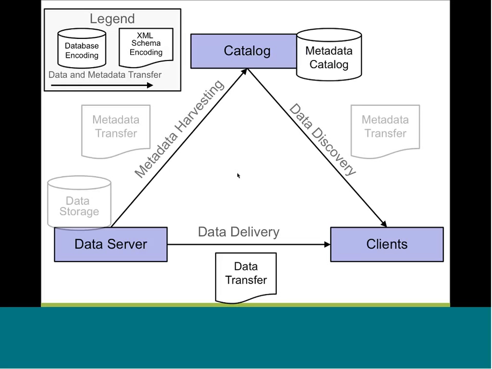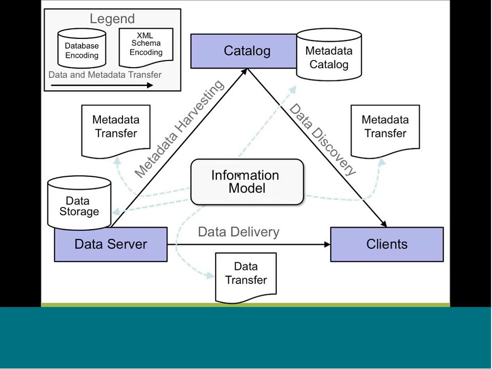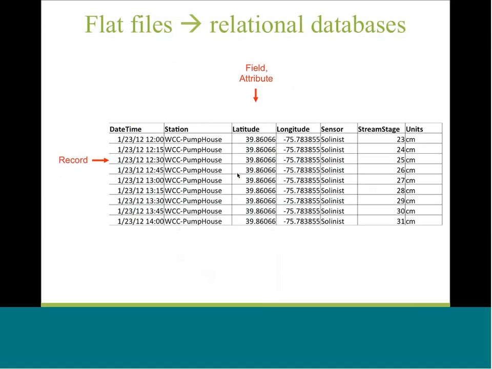At the core, all right, sorry, I should have thrown that in there. So there's some storage, there's metadata transfer, there's software, and at the core of that, what allows this to work is the information model that connects one system to the other. So just to give an idea of what an information model is, we talk over and over again about metadata, how important metadata is.